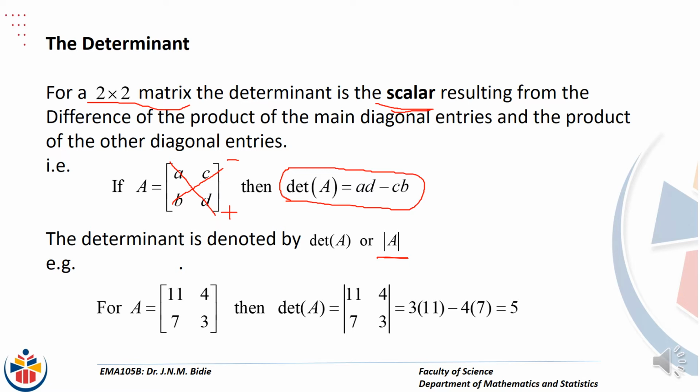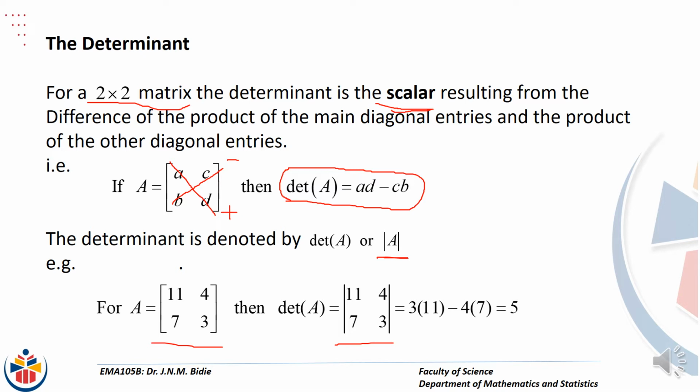and 3. The determinant of this matrix, I'm hoping you are noticing that the matrix itself is given in square brackets, but immediately you are trying to find the determinant, we change the square brackets to absolute value notation around all 4 entries.